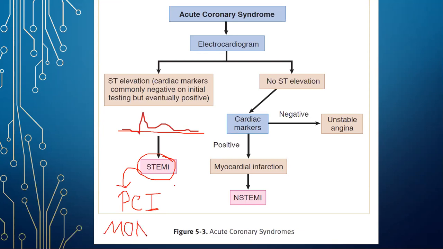What is MONA? Morphine: this patient has severe chest pain, so you have to treat the chest pain, so give morphine for chest pain. Oxygen, if saturation is less than 94%. Nitroglycerin and aspirin. Among these four, which one is the most important management you should give to an ST elevated MI patient?